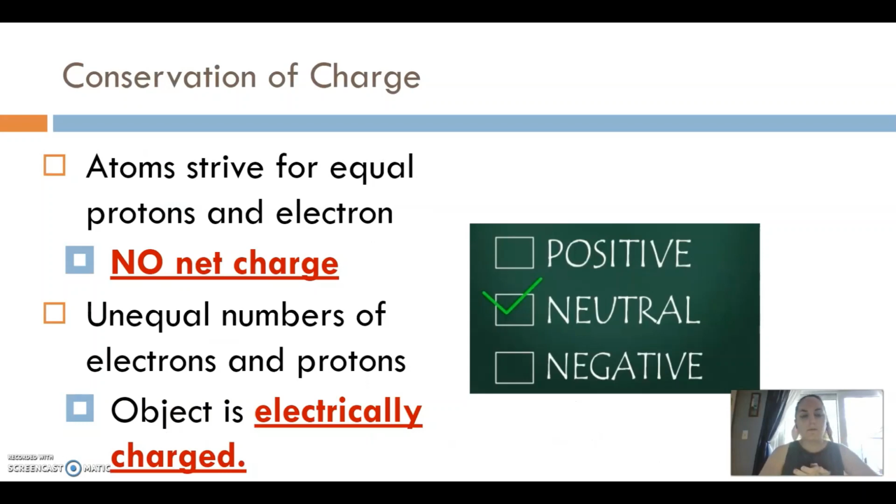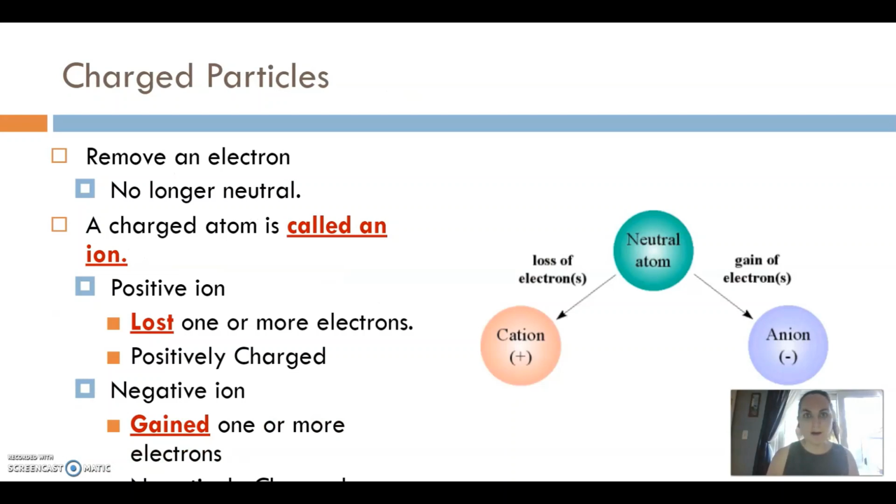Remember that your atom is always striving for equilibrium. It's always striving to have no net charge, to be neutral. It wants an equal number of protons and electrons. Again, protons positive, electrons negative, no charge.